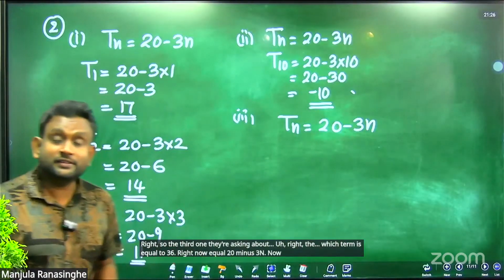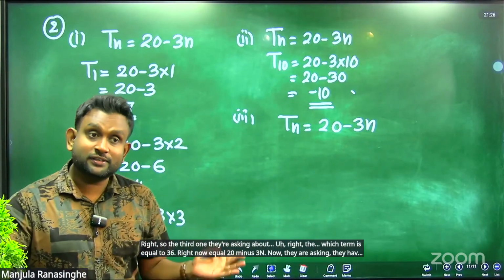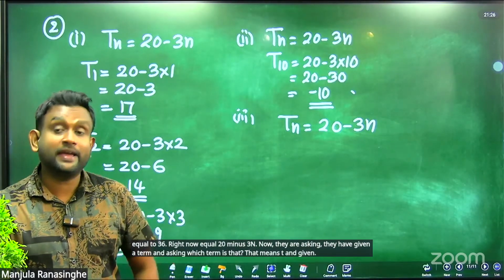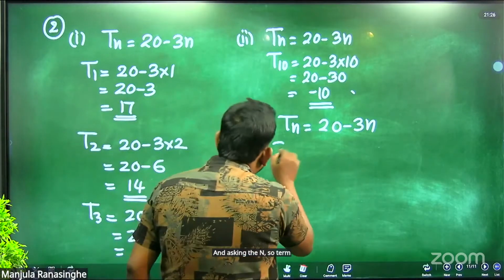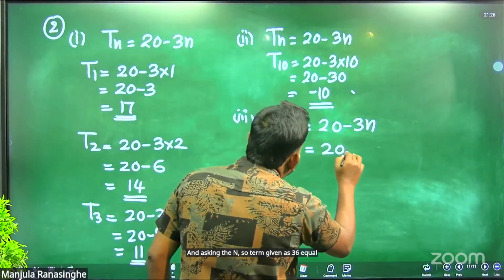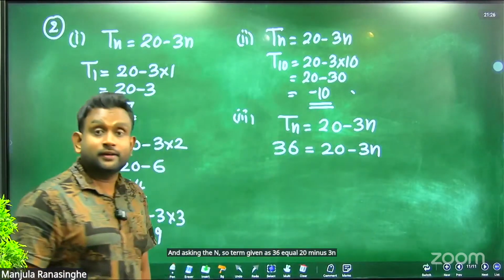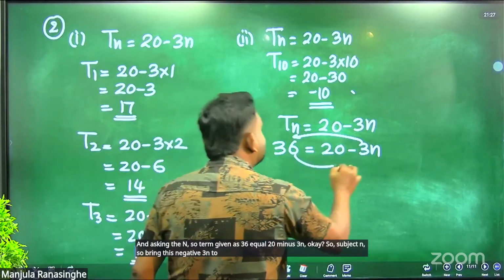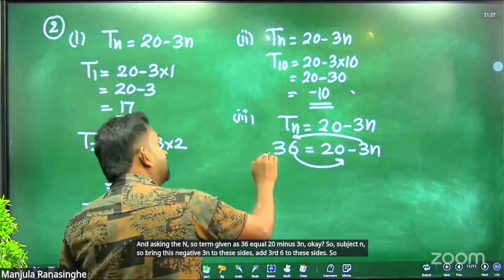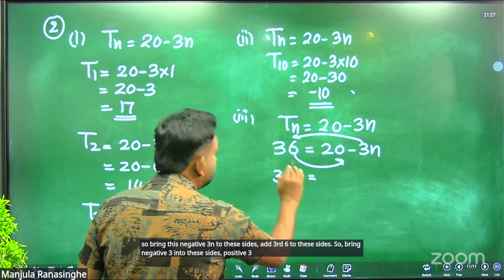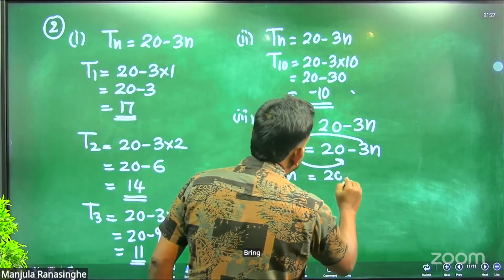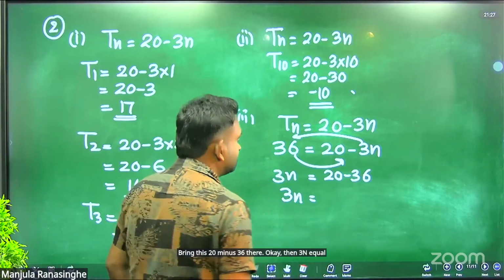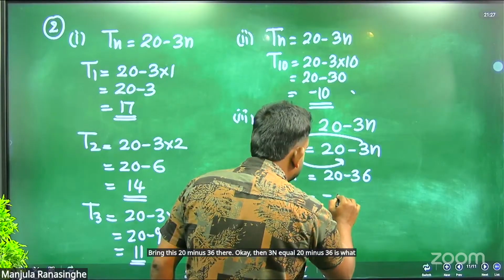Now they have given a term and are asking which term that is. That means Tn is given and they are asking for n. So the term is given as 36, equal to 20 minus 3n. Okay, so make n the subject. Bring the negative 3n to this side as positive 3n, and 36 to the other side. Bring this 20 minus 36 there. Then 3n equal 20 minus 36, which is negative 16.